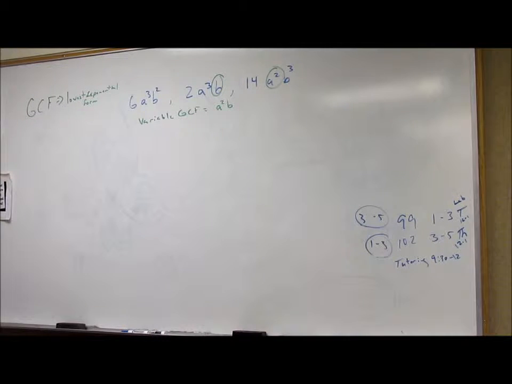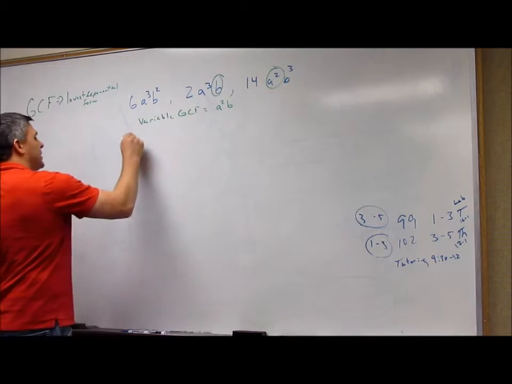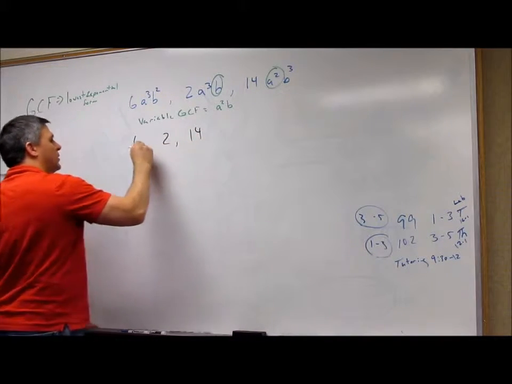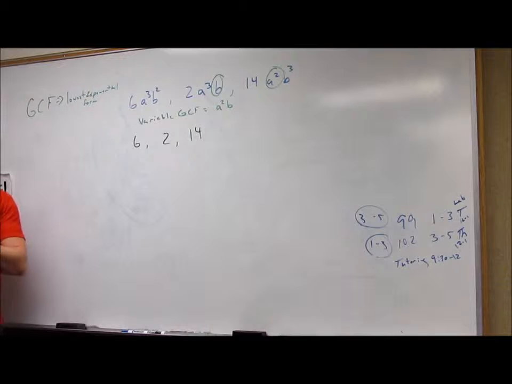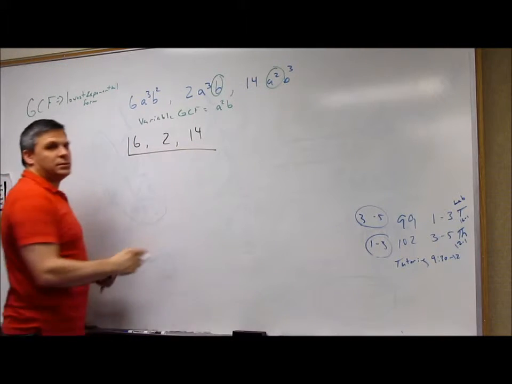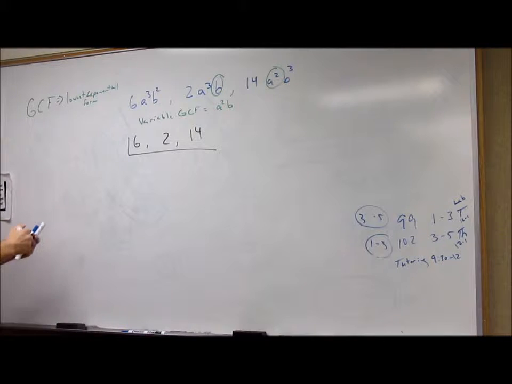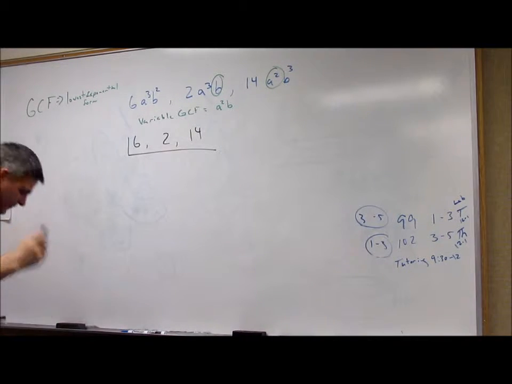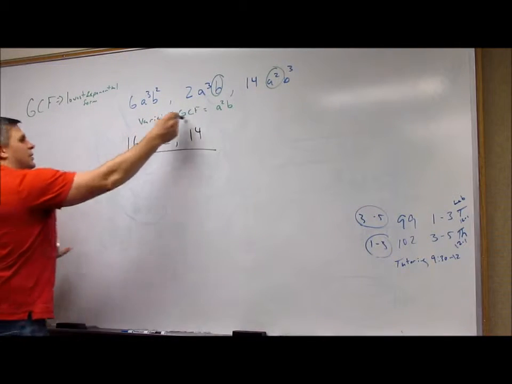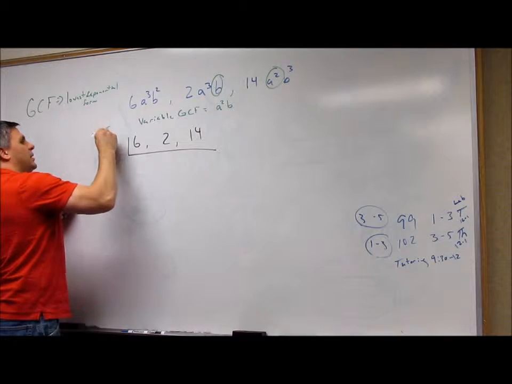Now I deal with the numbers: 6, 2, and 14. When I deal with the numbers, I look at upside down division. The GCF, I'm going to do in green.